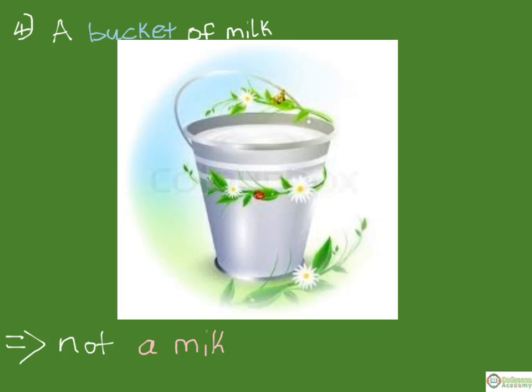Since we can count tins, that is why we can say tins of milk. And so, we can only use uncountable nouns like rice, salt, bread, by associating them with countable nouns, which take the plural form.